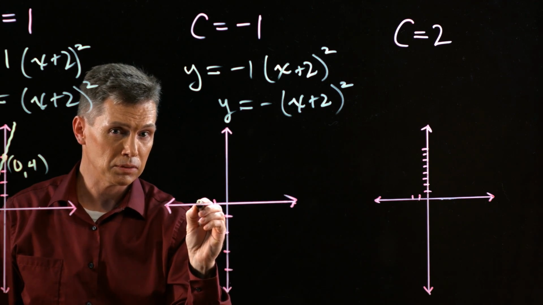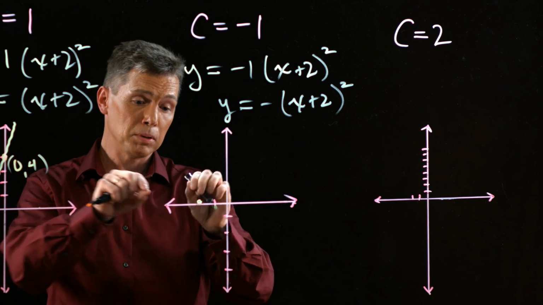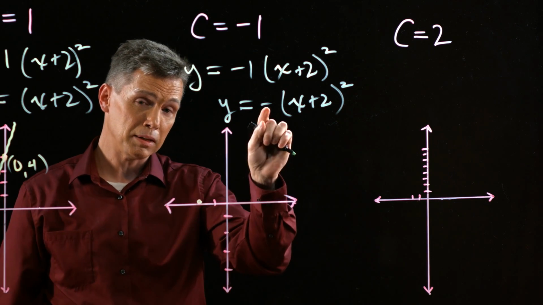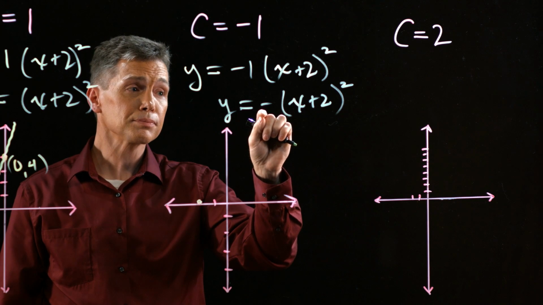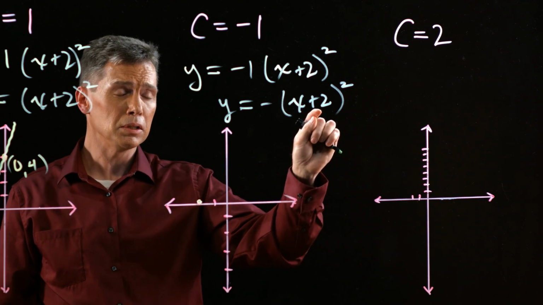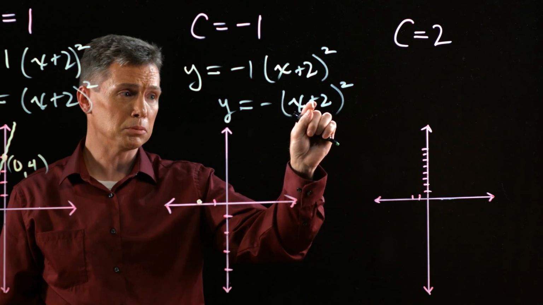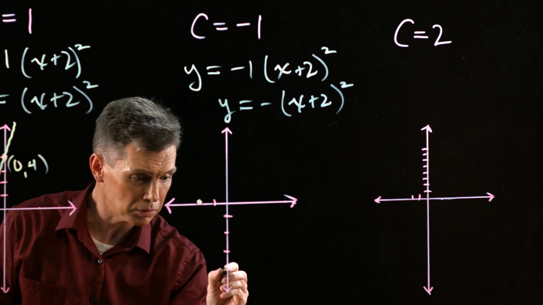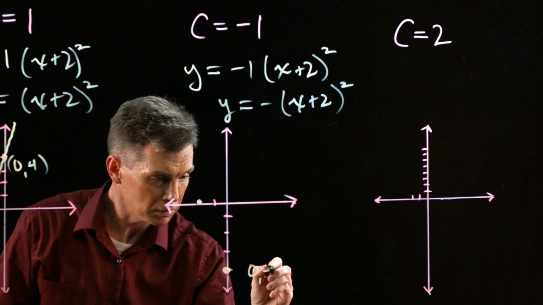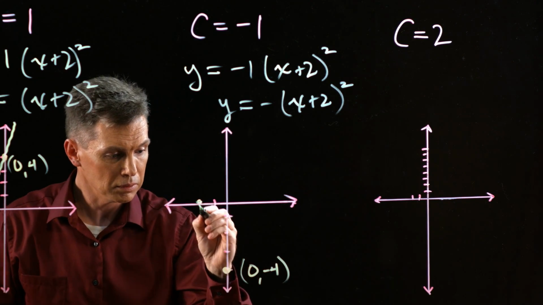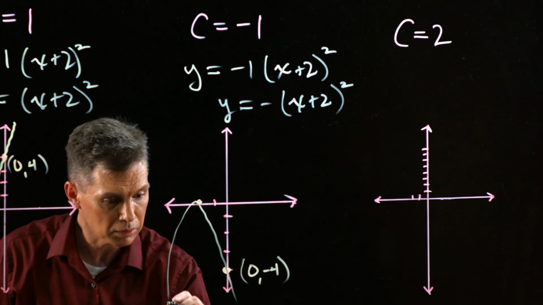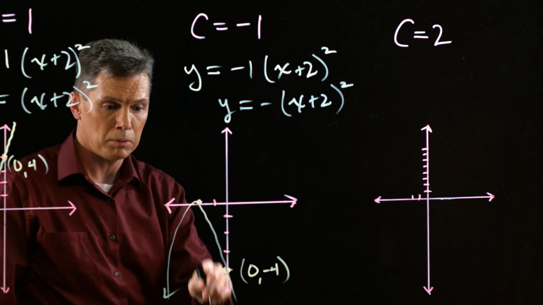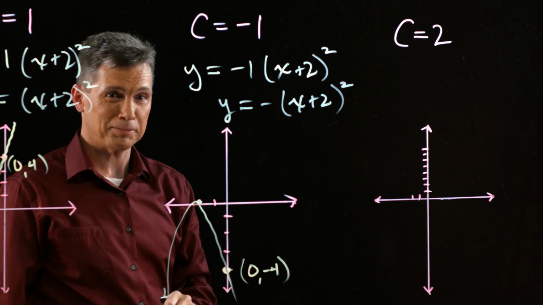It's going to be my vertex. And it's again a parabola, but this time opening downward because of that multiplication by a negative. So I might get another quick reference point. 0 in for x, 0 plus 2 squared, 4, but negative. So 1, 2, 3, 4, (0, -4). This gives me a somewhat accurate parabola, and pretend that's a nice smooth curve right there.